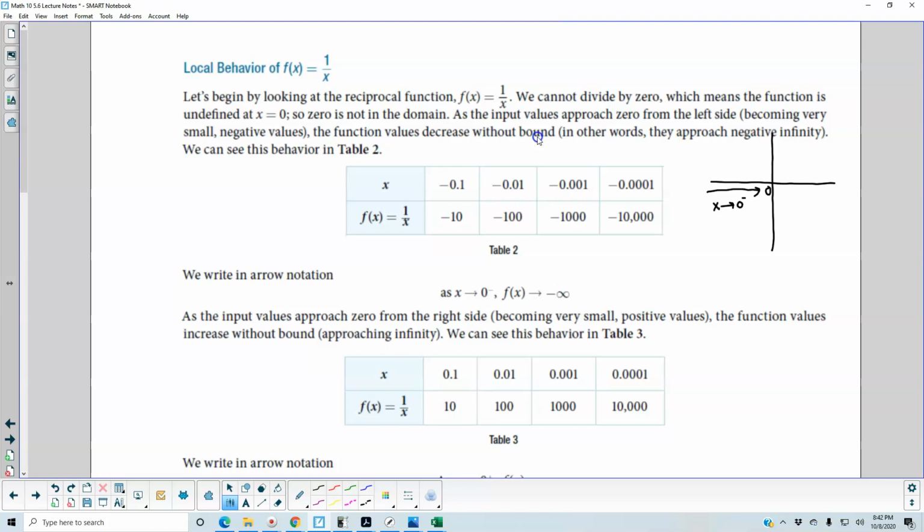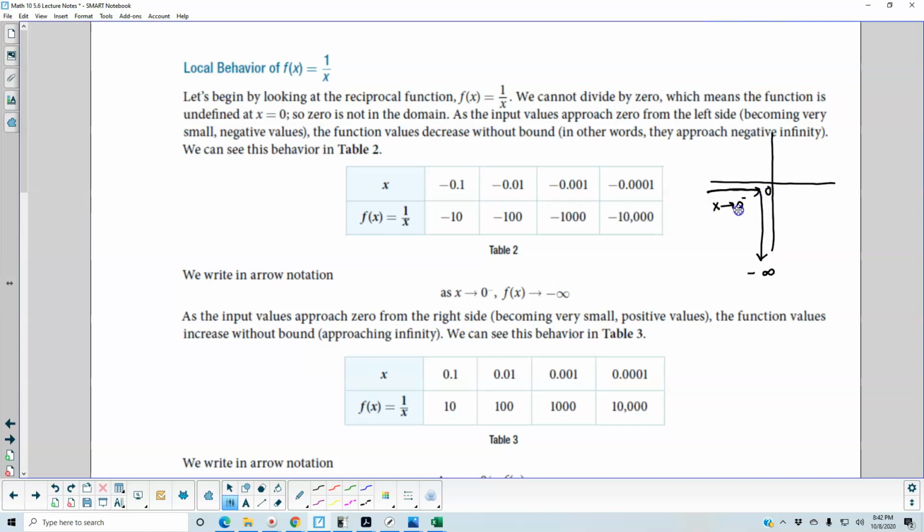So what that means here is that we have our input values of negative 0.1, negative 0.01, negative 0.001, negative 0.0001. The outputs are getting smaller and smaller. So as we're getting closer and closer to 0, the function is getting closer and closer to negative infinity.